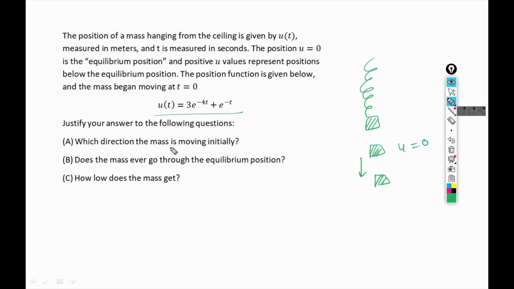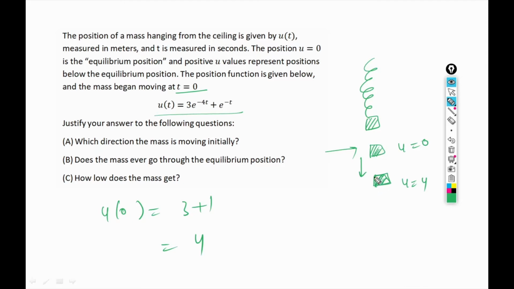Which direction is the mass moving initially? So initially t equals 0. If we put t equals 0, then u of 0 will be 3 plus 1, which is 4. That means we are starting 4 units down from the equilibrium point. If this is the equilibrium point, then we are starting here at u equals 4.